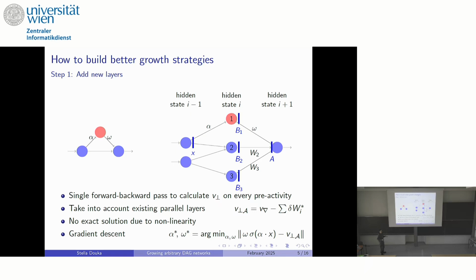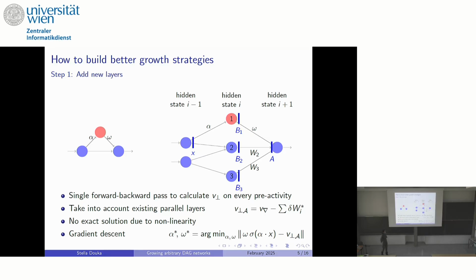So these are also existing parameters. In our case, the expressivity bottleneck is the desired update minus the sum of all the possible updates that we can do with these existing parameters, because they output to the same node, so we need to take them into account so as not to introduce redundancy in the network.